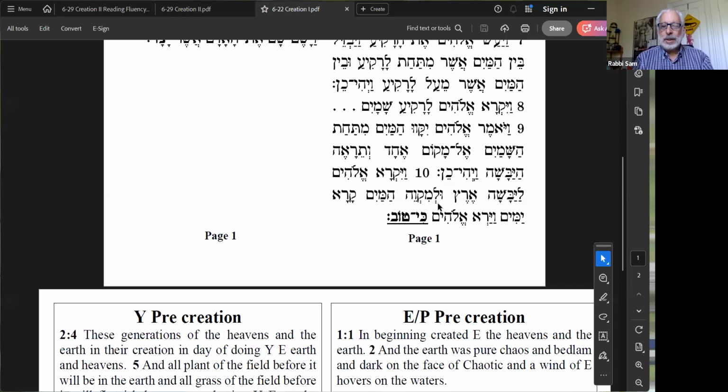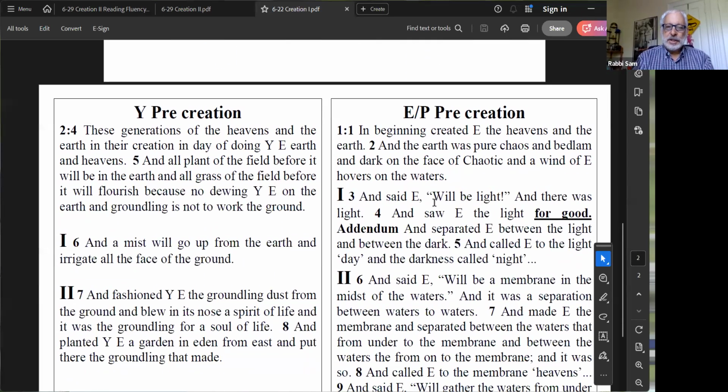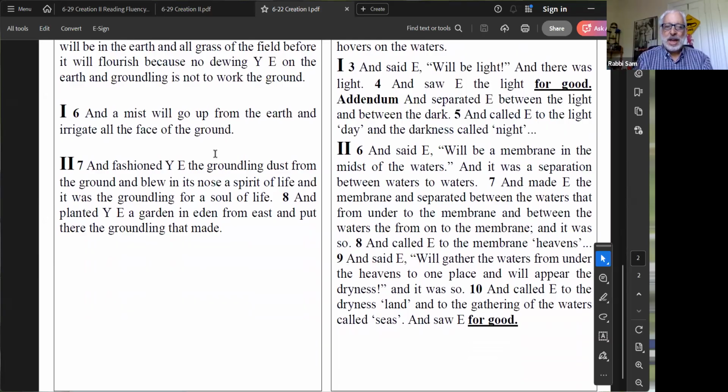And then Vayikra Elohim leyabasha, God calls to the yabasha, to the dryness, and says, Eretz, and lemikveh hamayim, the gathering of the waters, calls seas or oceans. And that's what a mikveh is. It's a mikveh mayim, a gathering of waters. So that was last week. Those were the first two steps.